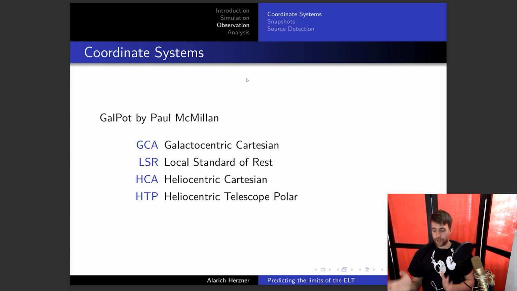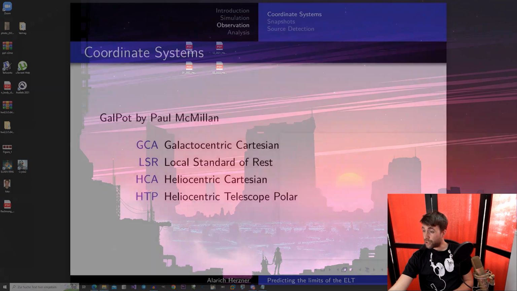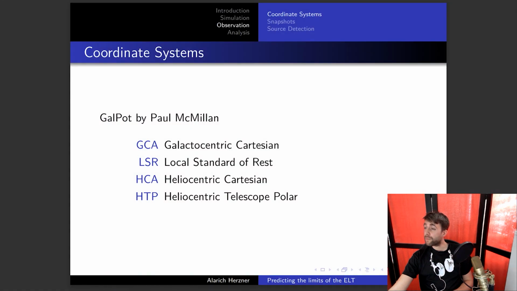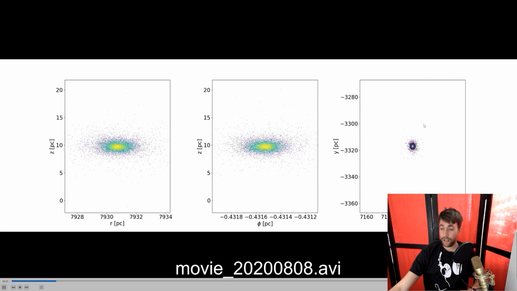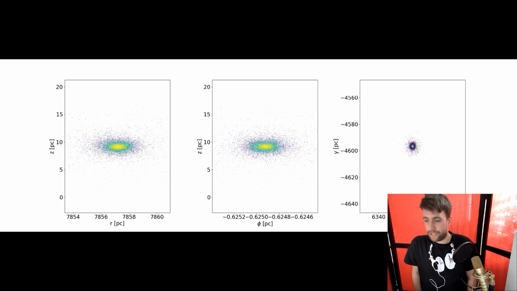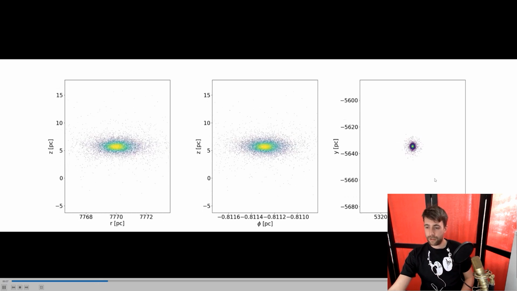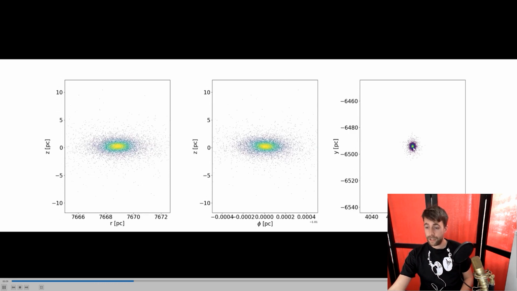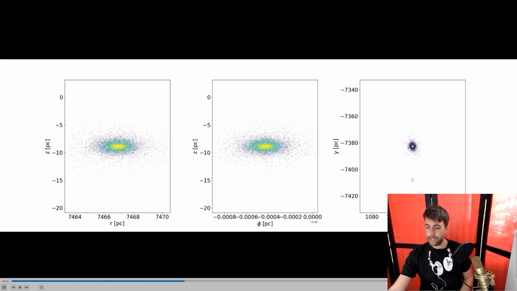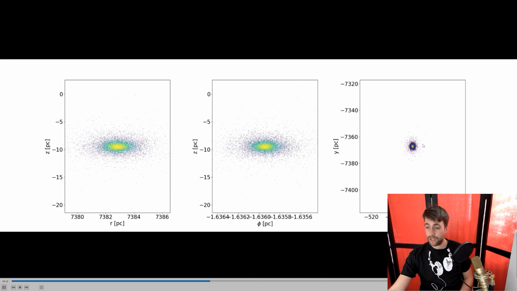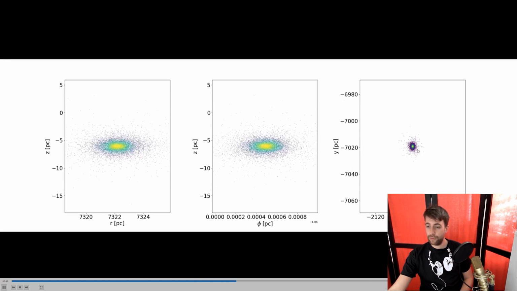Now the simulation is complete, right? And actually, at this point, maybe I should show you a short movie. Inception over here, movie inside movie. Here you can see a cluster simulated using my software. Here you can see it's X versus Y. So this is in the galactic plane, so to speak, how the cluster moves over time.